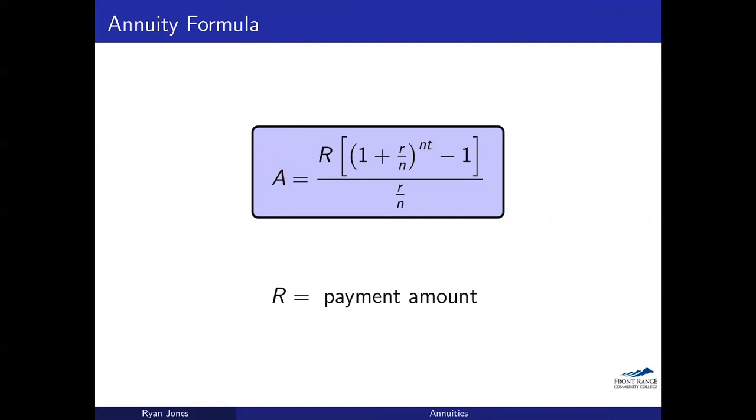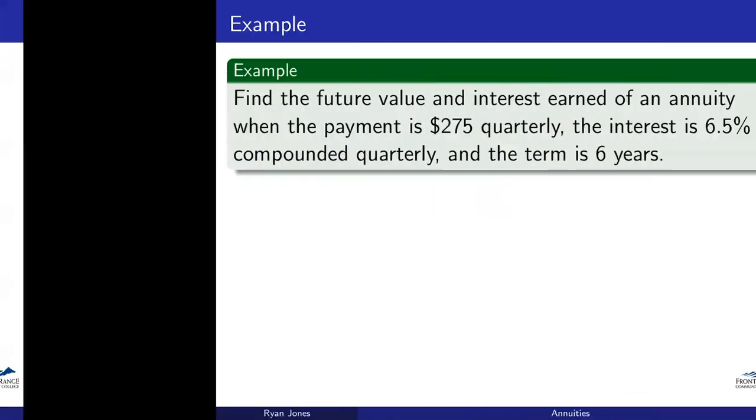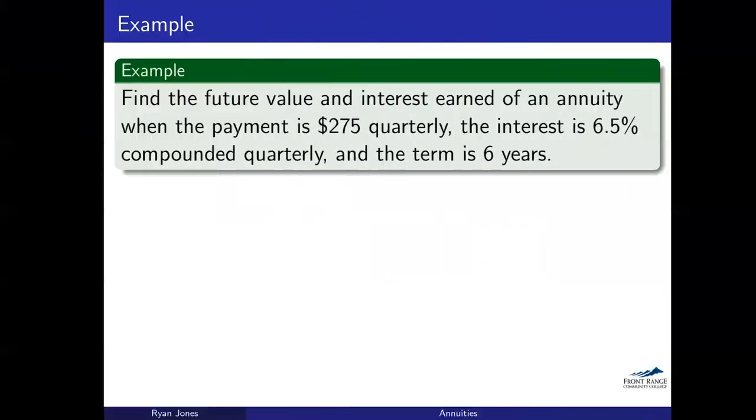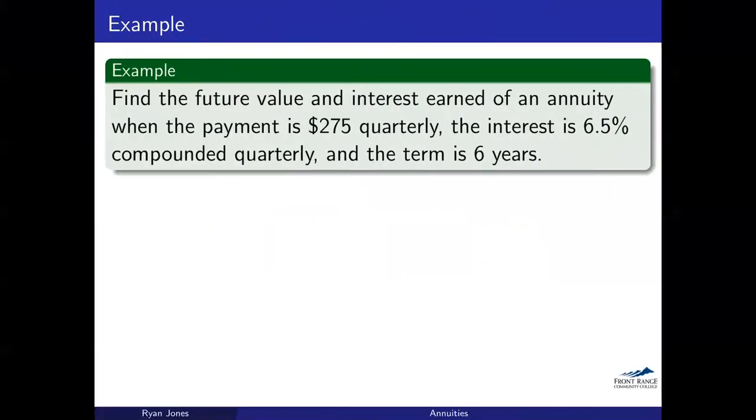Yay, we've got it. So let's go ahead and work out an example here. Let's copy this and keep it in our back pocket to move from slide to slide. All right, so we've got an example here. Let's find the future value as well as the interest earned. We'll start with the future value, then go to interest, of an annuity where the payment is $275 quarterly.